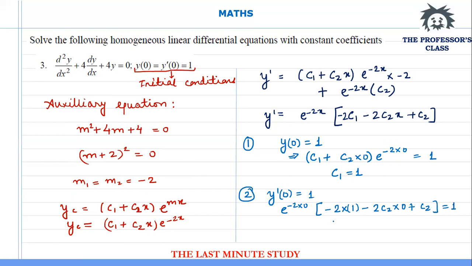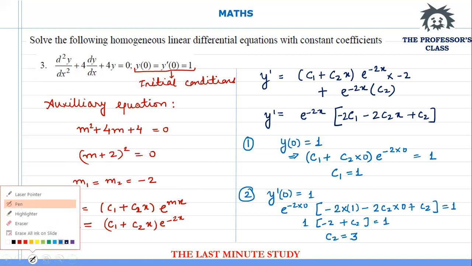So from here, this thing will become 1, this thing will become minus 2. So let's solve it up. 1 into minus 2 minus 2 c2 into 0, this whole thing will become 0, so there is no need to write down the middle term. Plus c2 is equal to 1. So if you solve this up, you'll get the value of c2 to be 3. So I got the values of the two constants c1 and c2.